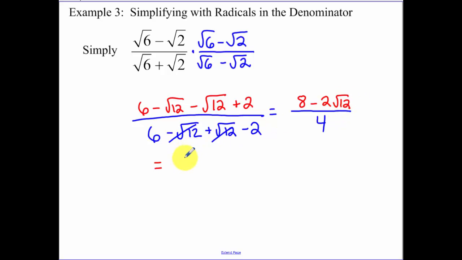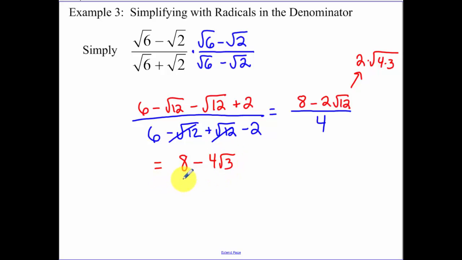Simplify this root 12. Root 12 can be broken down into 4 times 3, so that would be 2 times root 4 times 3. The 4 can become a 2 outside, so 2 times 2 is 4.